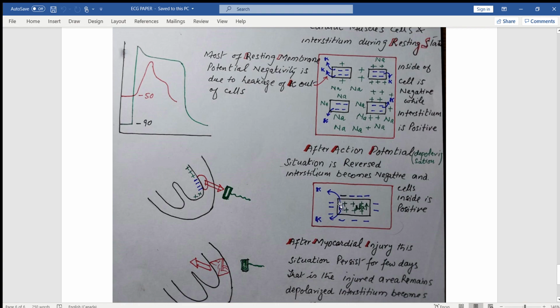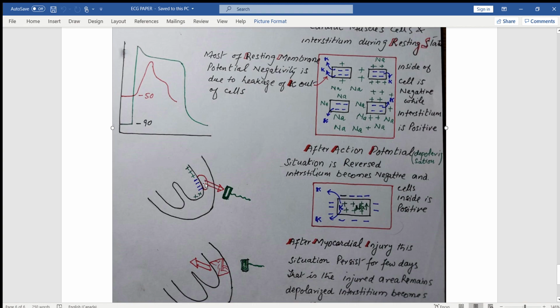Now, in this condition, this injured area can emit a current which has a vector, and this current is known as the current of injury.